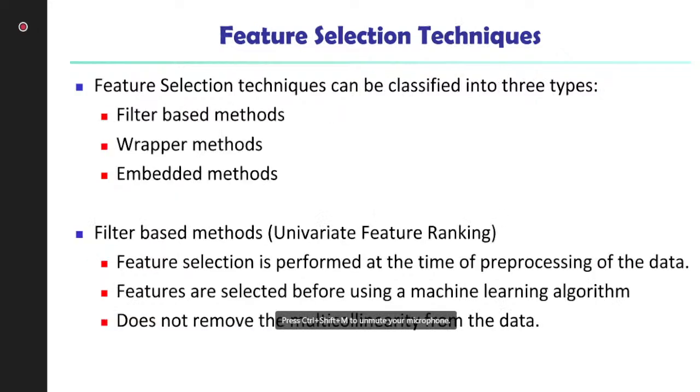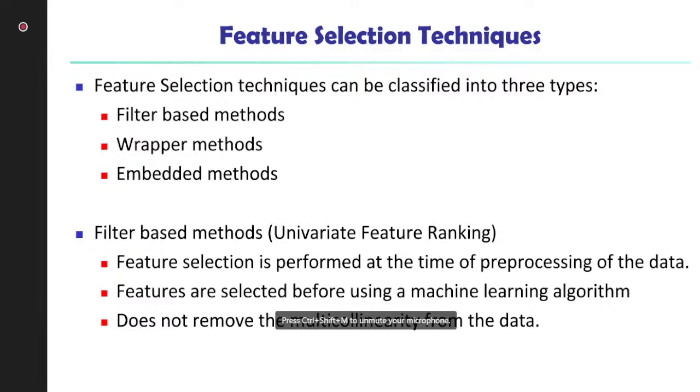Now when we talk about the methods of feature selection, there are two ways we can select a feature. First, we can assess the individual capability of each feature and see how much distinguishing power that feature has. If a feature has higher distinguishing power, we keep it.